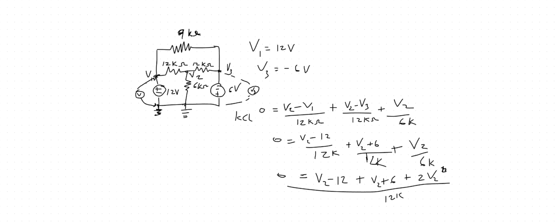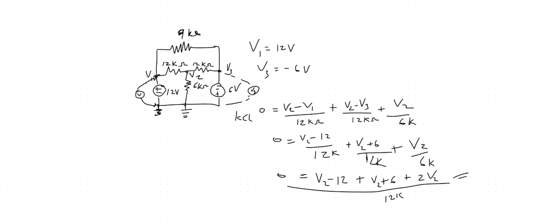All right, so this is supposed to be equal to what now? 12. What about the V2s? Add up the V2s. So it would be 4V2 minus 6.